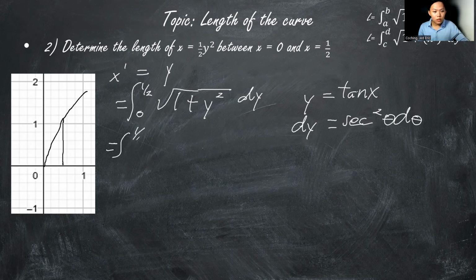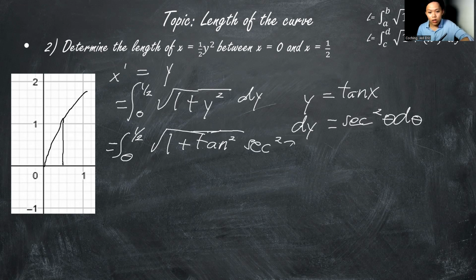So the integral from 0 to 1/2 of the square root of 1 plus tan squared theta times secant squared theta d theta.